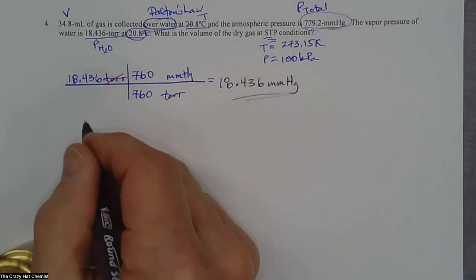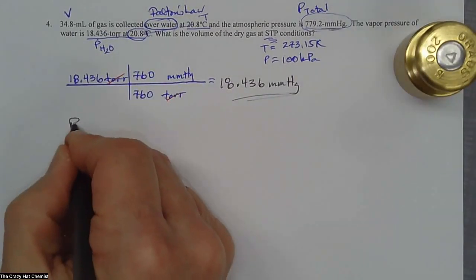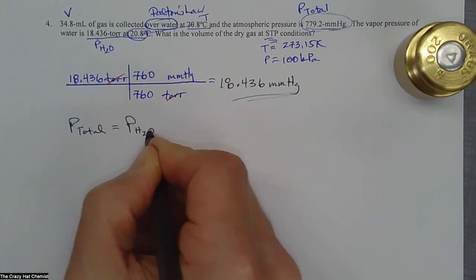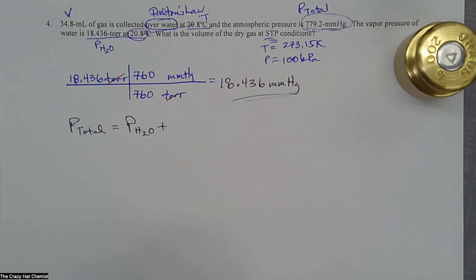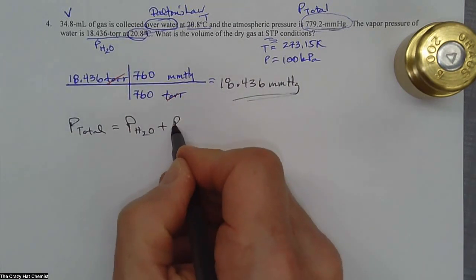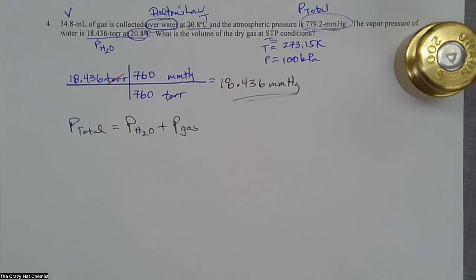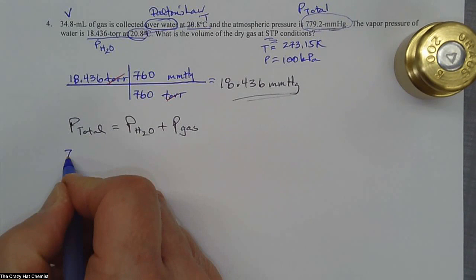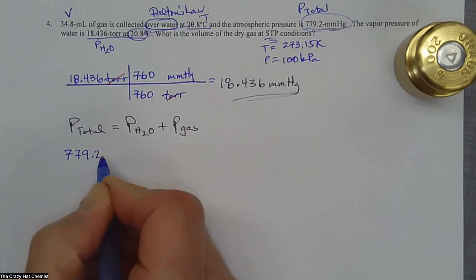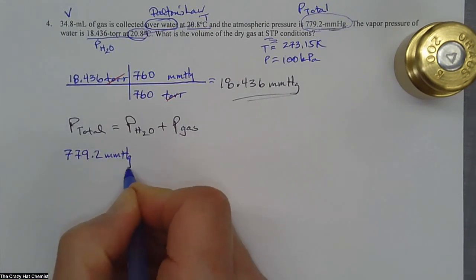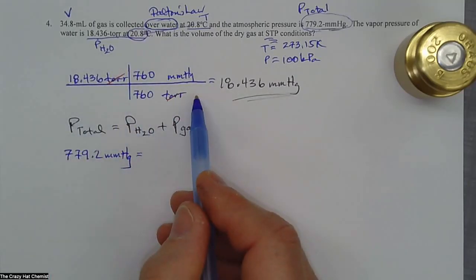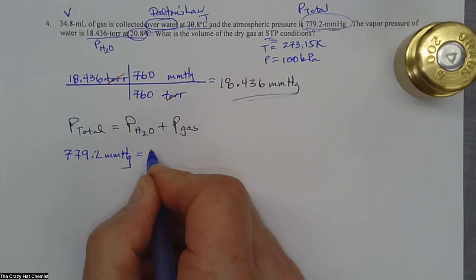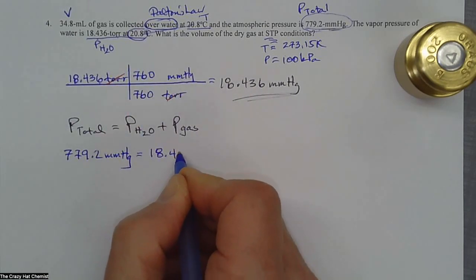Now what we're going to do is use Dalton's law. Dalton's law is that the total pressure is equal to the partial pressure of water in this case, plus the pressure of the other gas. It doesn't say what the other gas is, so we'll just say pressure of gas. We have the total pressure, 779.2 millimeters of mercury, and we just converted the partial pressure of water from torr to millimeters of mercury so that our units can cancel and we can do this subtraction.